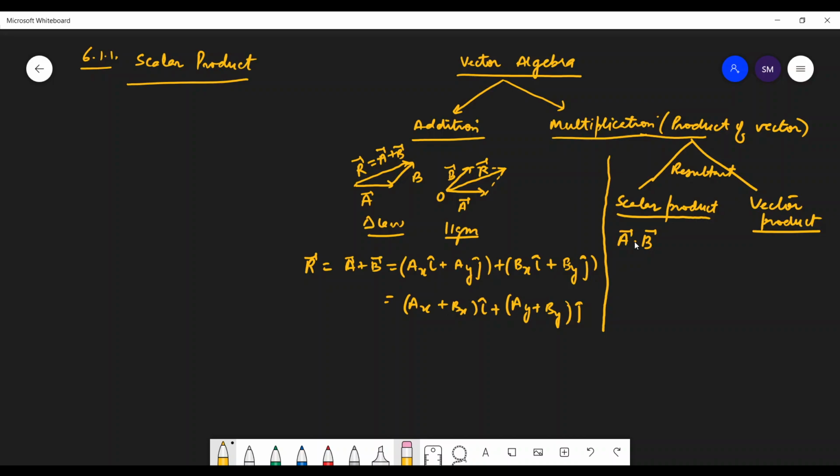Because I have a dot over here, I call it dot product; I have a cross over here, I call it cross product. As I have a scalar here, I call it scalar product; as I have a vector here, I call it vector product. This we will be applying in chapter number 6, and this we will be studying in detail in chapter number 7.